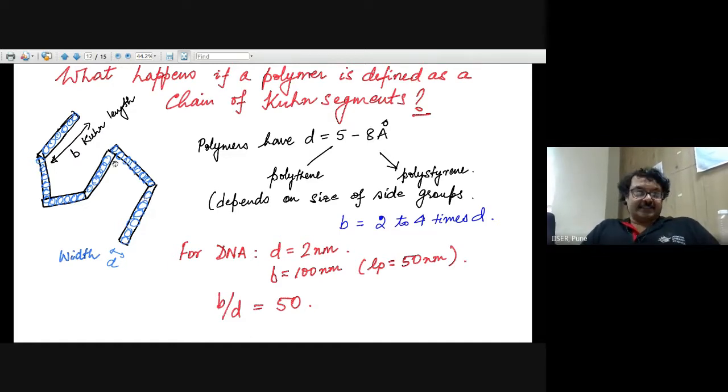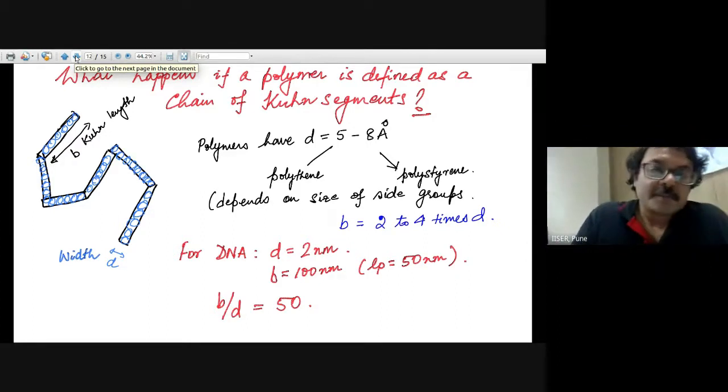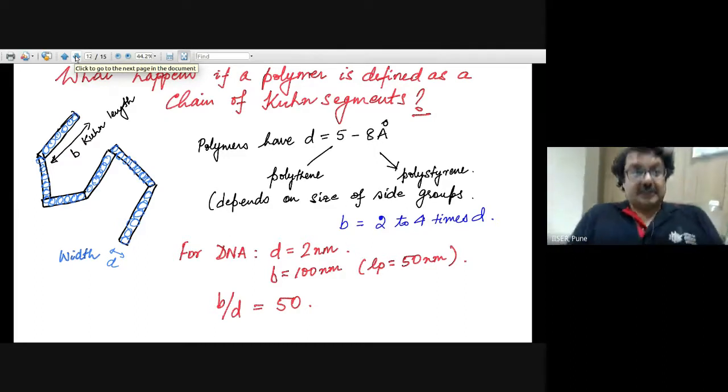So that's the message. Of course, you want to describe polymer physics in terms of flexible chains and have this language which we are developing. And polymer physicists, the experimentalists, use this language.